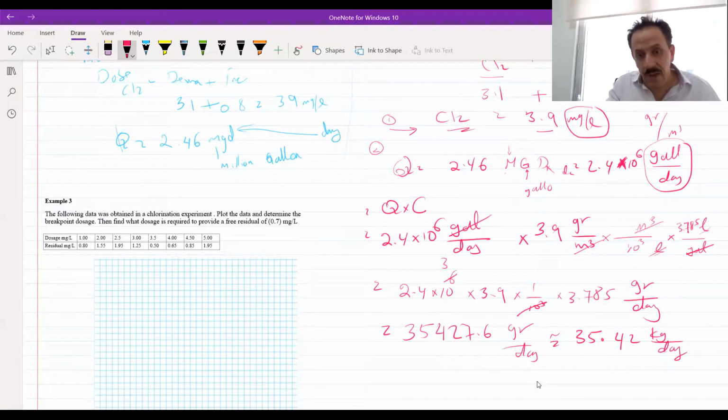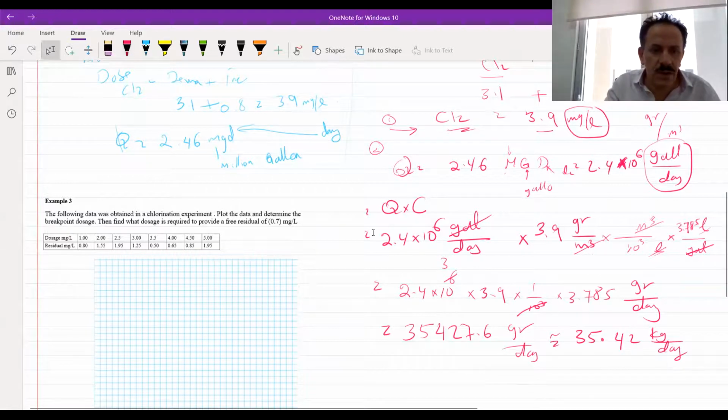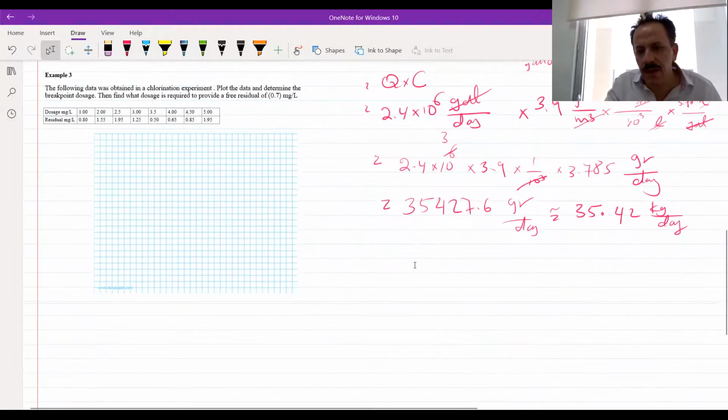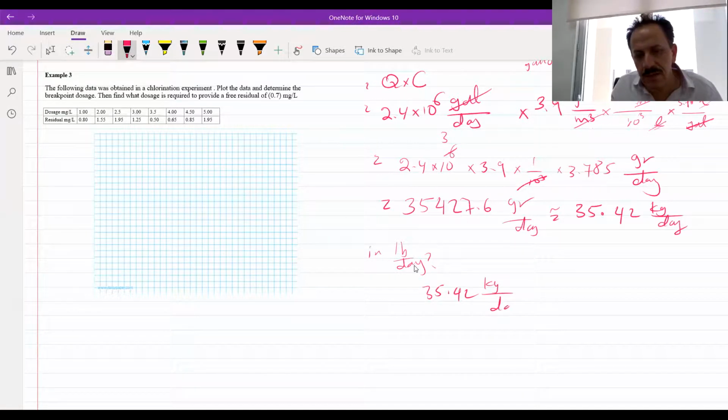Now, what is required? Required is to find this value, but in terms of pound per day, not kilogram per day. So in pound per day, 35.42 kilogram per day. When I want to convert it to pound, 1 kilogram is about 2.54 pound. Am I right?